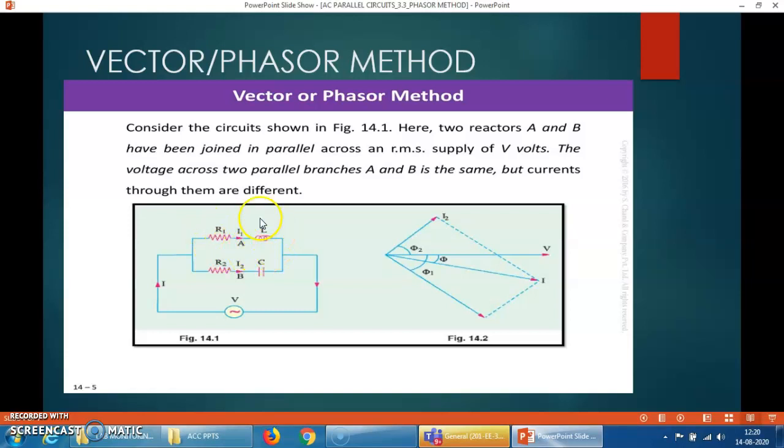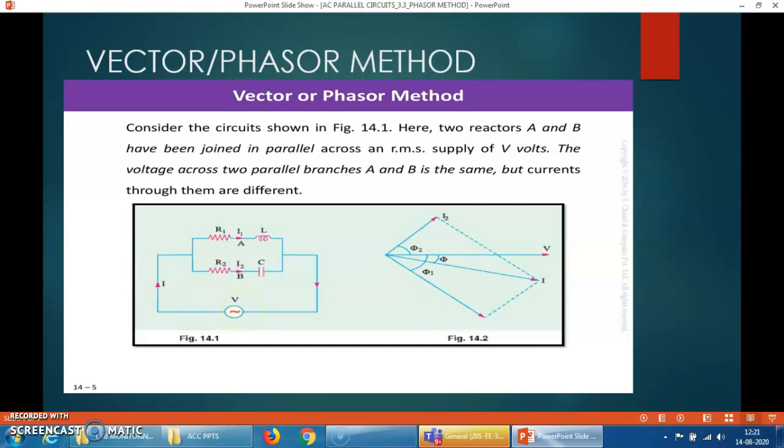So the first branch contains an RL series, and in the second branch there is a resistor of R2 ohm connected in series with a capacitor of C Farad. Both the branches are connected parallel to each other. Now this circuit is connected to the AC supply.